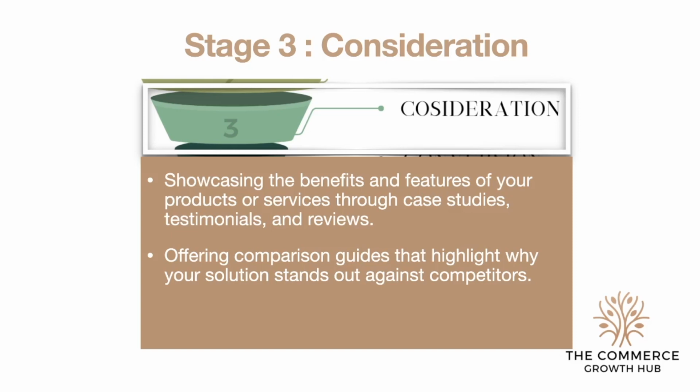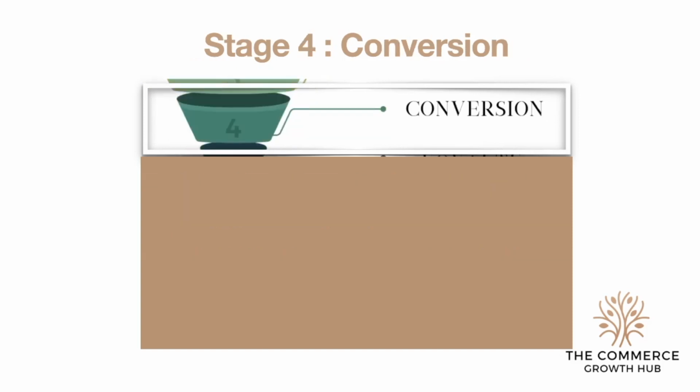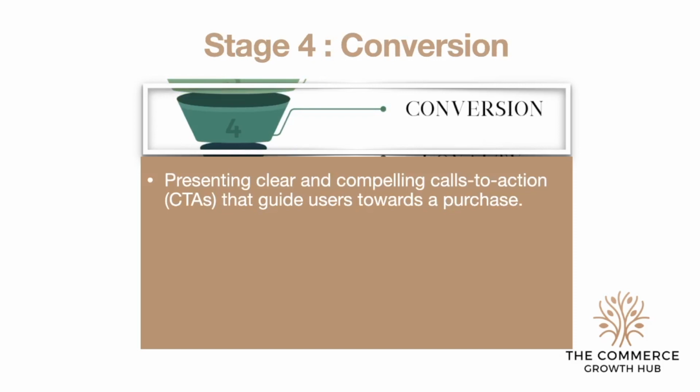And once you make it past that, you end up at stage 4, which is conversions. And all you really need to do at this stage is just make it easy for the customer to buy, make it easy for the customer to convert, right? You can just give them some clear call to actions. If you're running an e-com brand, just make it very easy for them to check out.